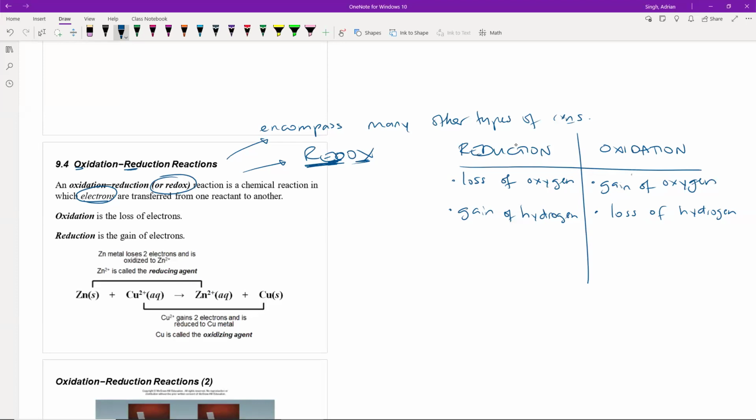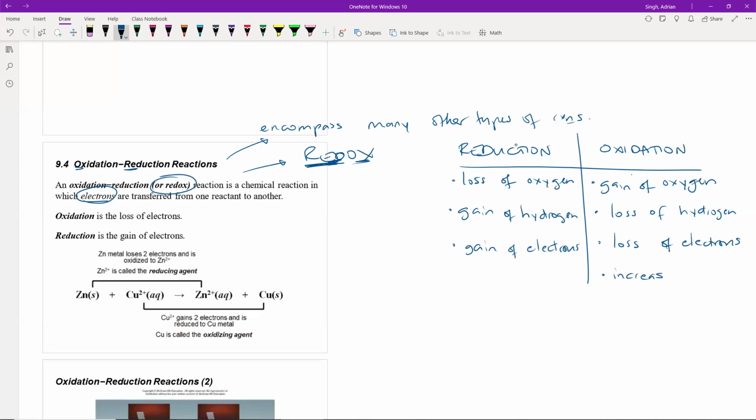And then oxidation also involves the loss of electrons, which means reduction would be the gain of electrons. Again, opposite processes. And then this is manifested in what's known as an increase.